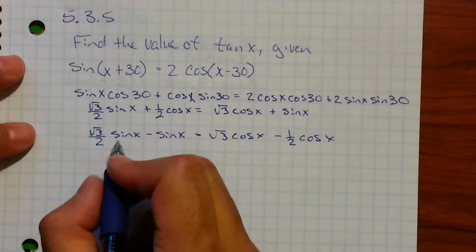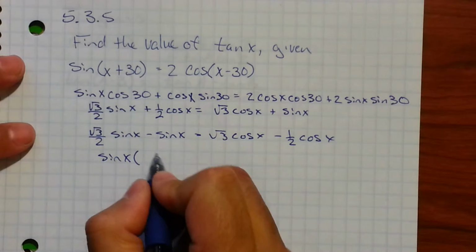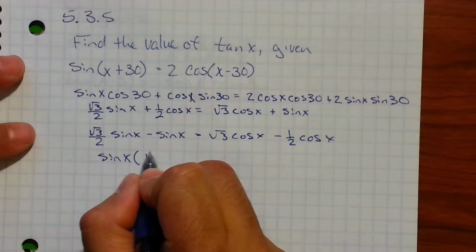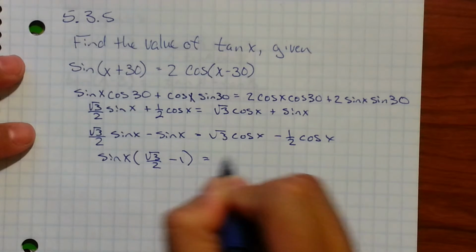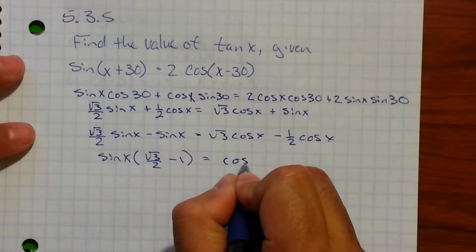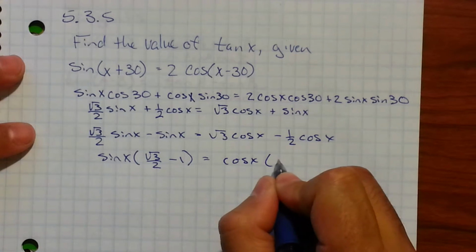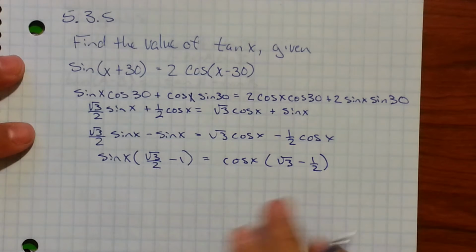Let's factor out the common sine, so it's sine x times square root of 3 over 2 minus 1 equals, now factor out the cosine. Cosine x times square root of 3 minus 1/2 over here.